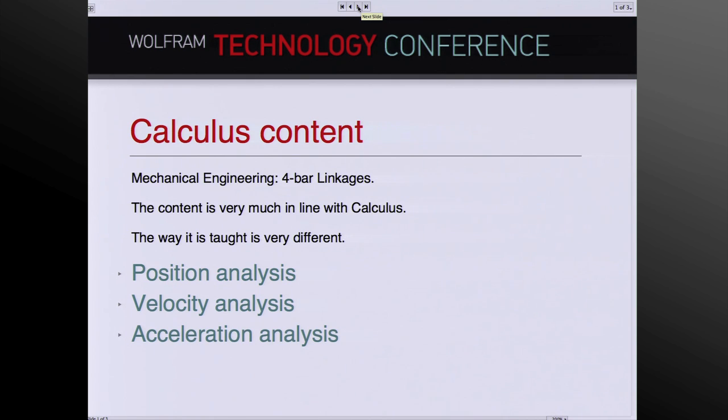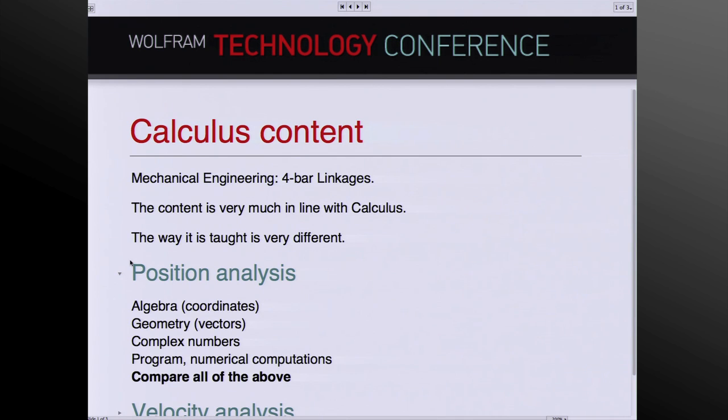But much more than that, the way they teach it is this way. They take a problem, a specific mechanism, and they ask a question about it, and then they analyze that. They solve the problem using algebra. They introduce a coordinate system, and solve the problem completely.